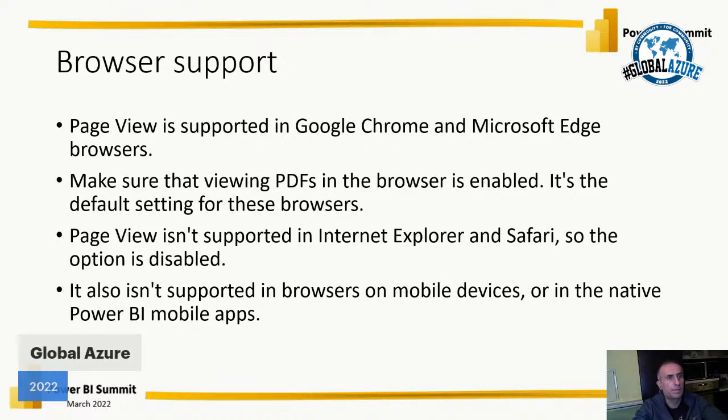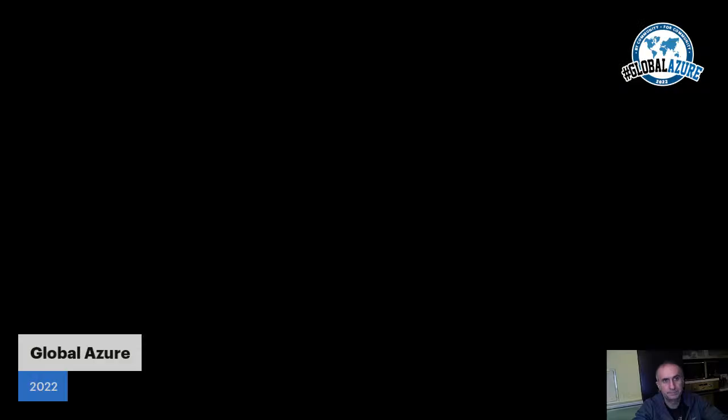For some browsers like Safari and Internet Explorer, page view is not supported, so it is not possible to have this mode when opening Power BI service via these browsers. Page view is also not supported in browsers for mobile devices and in native Power BI mobile apps.